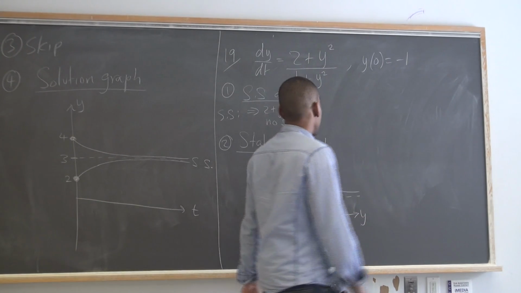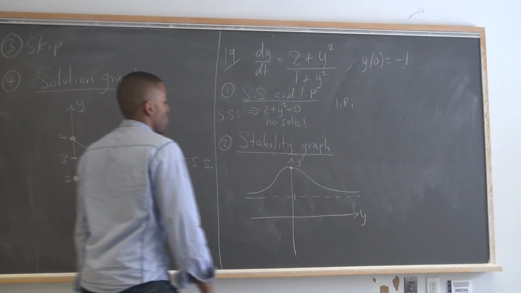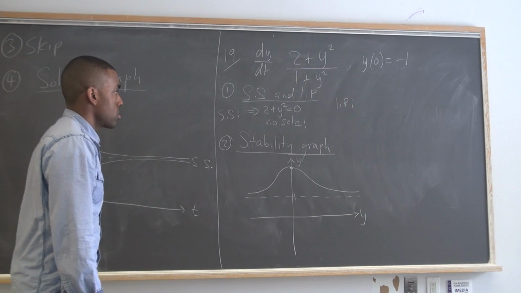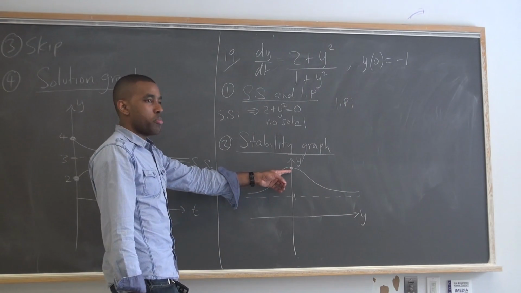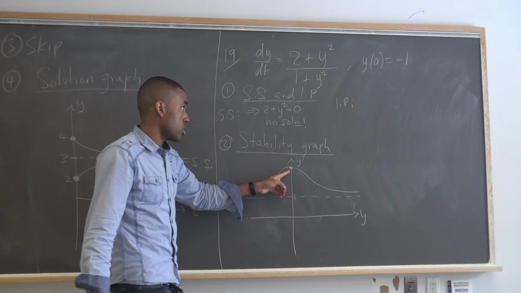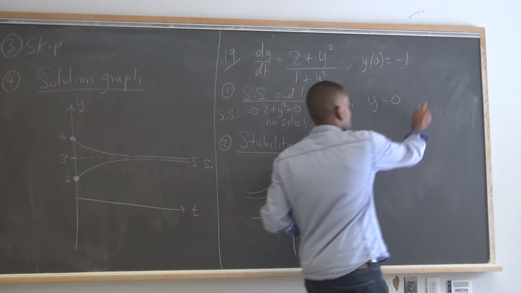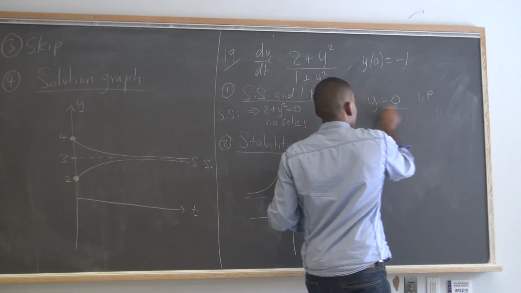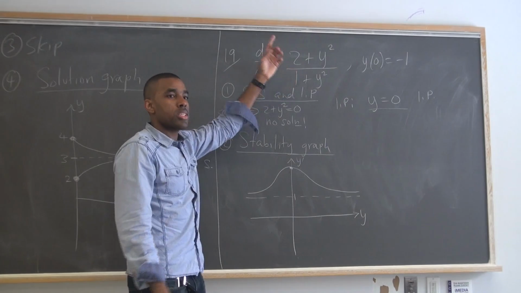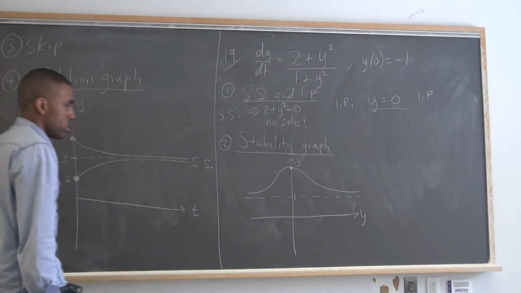And do we have any inflection points? Yes. Well, you can even tell from the picture. Remember, your inflection points will be the max and mins that occur in your stability graph. So here y equals 0 would actually be an inflection point, just by the picture. But of course, you can find the derivative of this and set the numerator equal to 0, and then you would eventually get y equals 0.